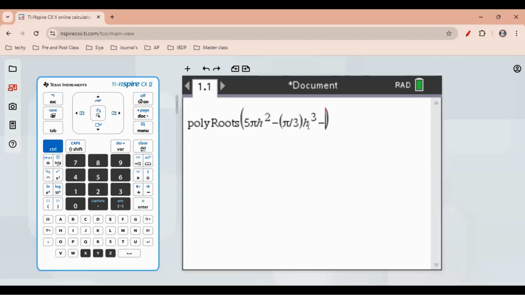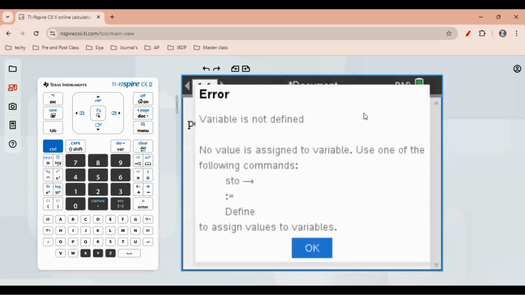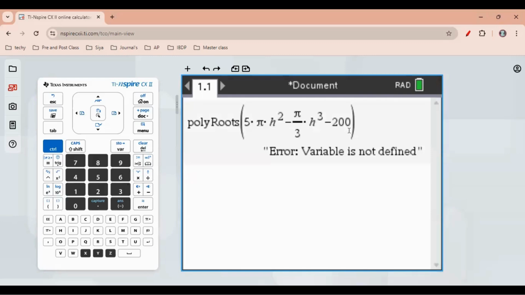Actually, we won't use the minus 200, right? So let's go with pi by 3 h cube, comma, h is a variable in this polynomial. So put a comma.